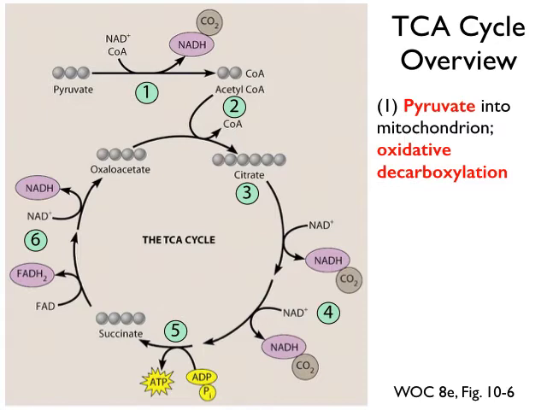Once pyruvate is into the interior of the mitochondria, we transfer 2 of the carbons from pyruvate to a molecule called coenzyme A to create a molecule called acetyl coenzyme A. In the process, we remove a carboxyl group, which is given off in the form of gaseous carbon dioxide, the brown circle in this diagram. At the same time, we create a molecule of NADH, reducing power.